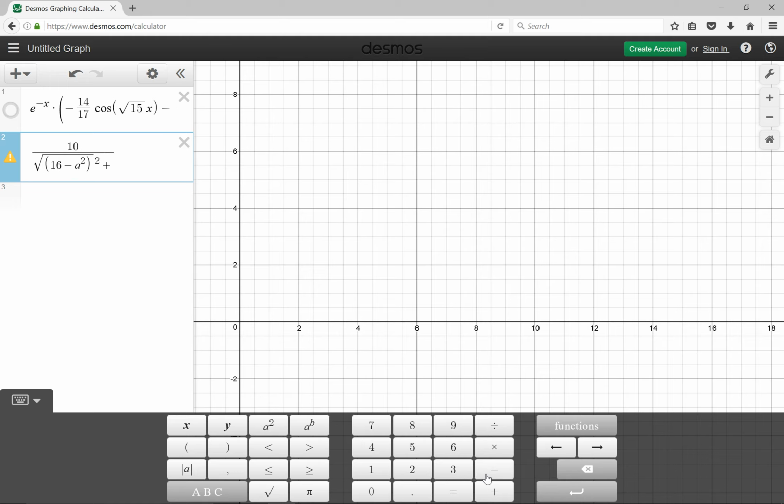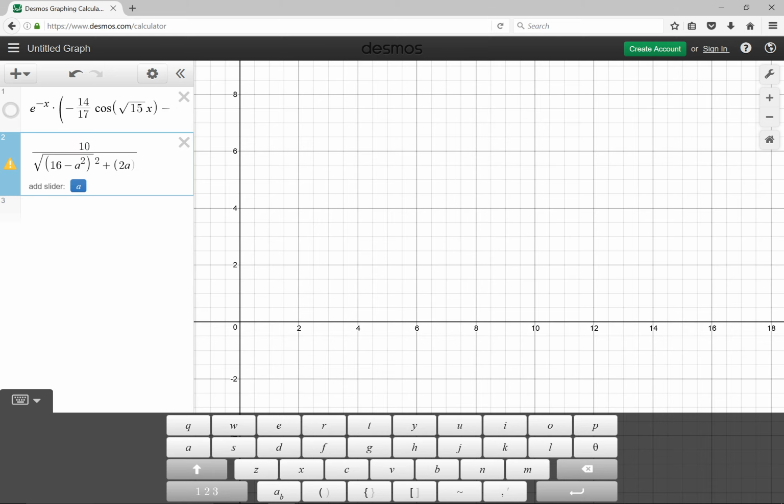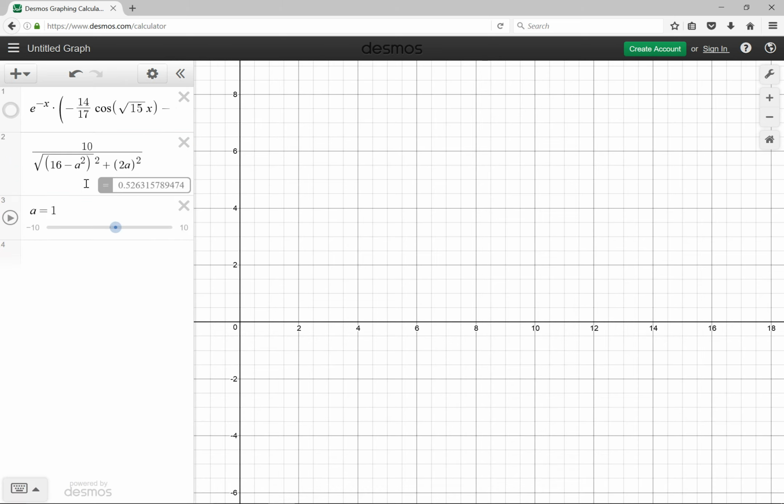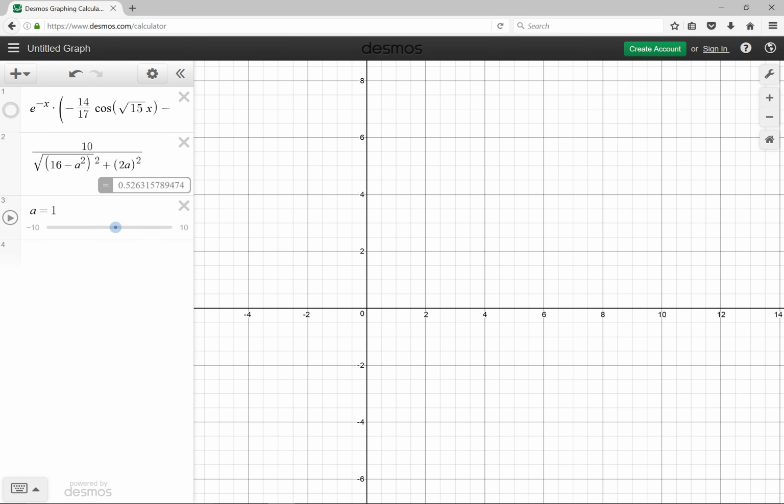Plus, parentheses, and then I'm going to put in 2 times A squared, like so, and put a slider to that thing. Now, look what happens. Okay, so when A is 1, you get this thing.